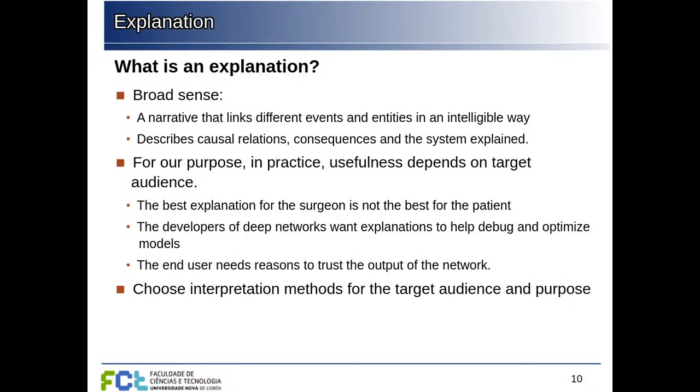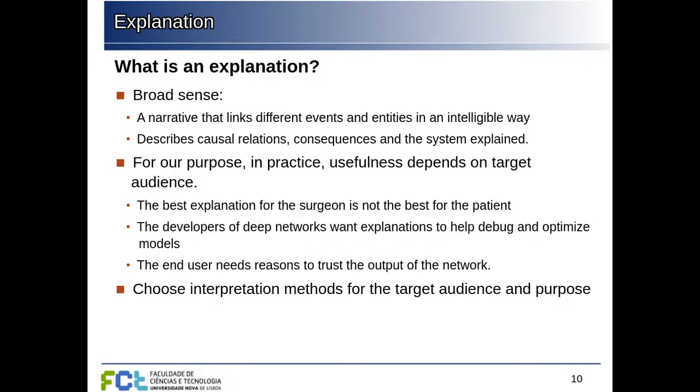Okay, so one question. I've been talking here about different things: interpreting, explaining, transparency of the models, and the question here is, what exactly is an explanation? If we want to look at it in a broad sense, this is basically a narrative, a way that we fit together different events and entities so that we can understand causal relations, consequences, how this system works.